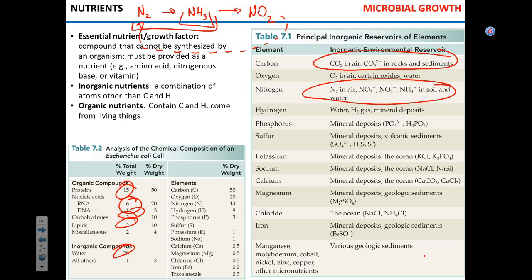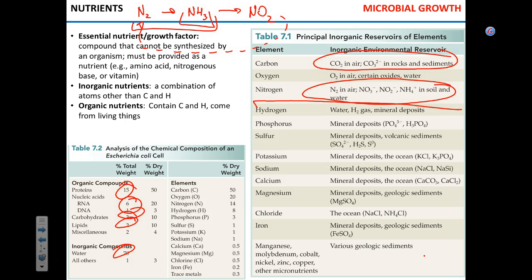What I briefly illustrated up here is called the nitrogen cycle. Nitrogen is reduced to ammonia, ammonia is oxidized to nitrous oxide, and then nitrous oxide is reduced back to nitrogen. Does that make sense? That's critical. Microbes are extremely important. They actually play a key role in cycling nitrogen in the environment. Does that make sense?